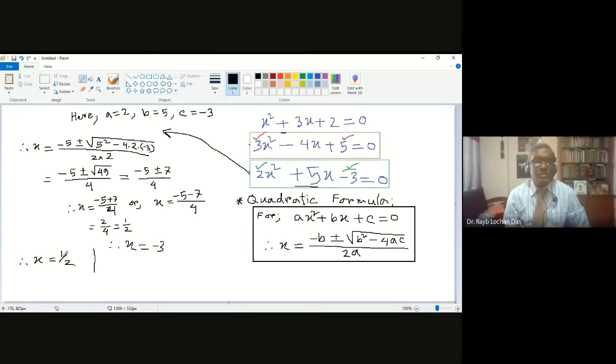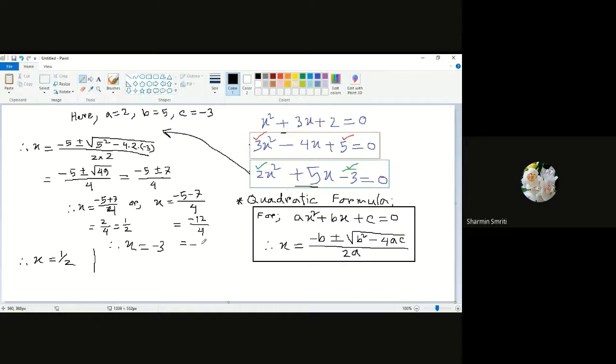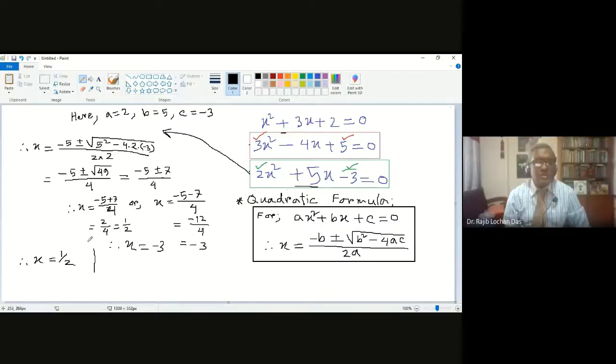This is one answer. The other one is minus 12 by 4, which is minus 3. It is the same answer we got before. Is that okay? Do you understand this? Yes, sir. This is the second one.